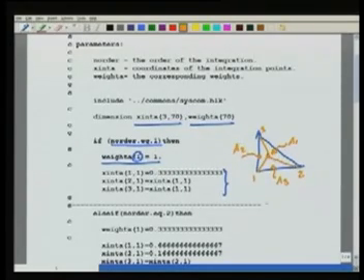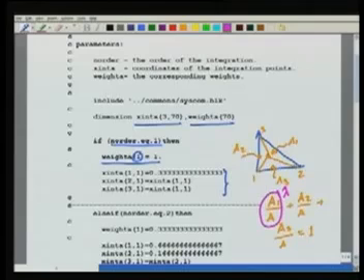Now I know that A1 divided by A plus A2 divided by A plus A3 divided by A is equal to 1. So these quantities are given names as lambda 1, lambda 2, lambda 3, and you see, for any point you can define unique values of lambda 1, lambda 2, lambda 3.